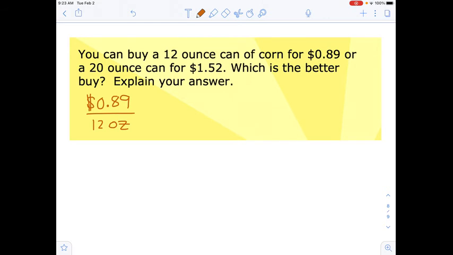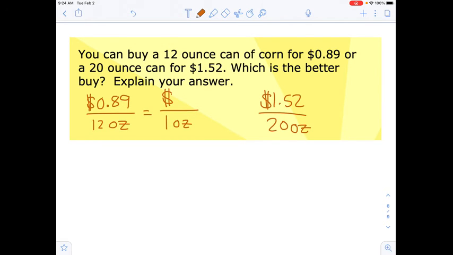And we're going to compare that to $1.52 for 20 ounces. So I'm going to change this to a unit rate to figure out how much it costs for 1 ounce. So I'm going to divide 89 cents by 12.